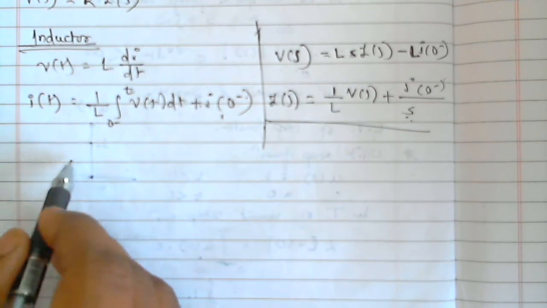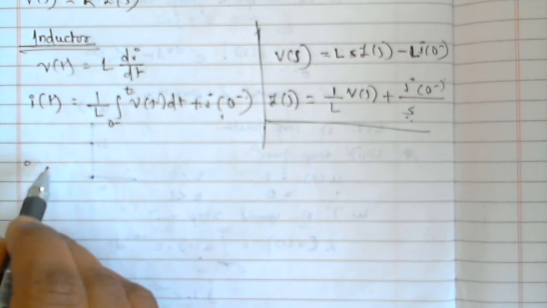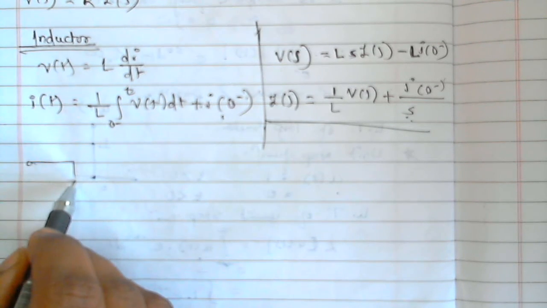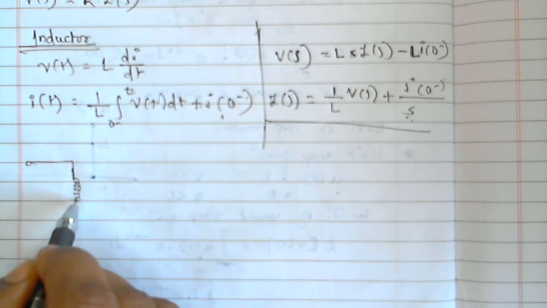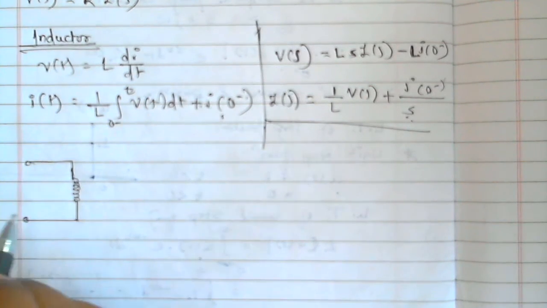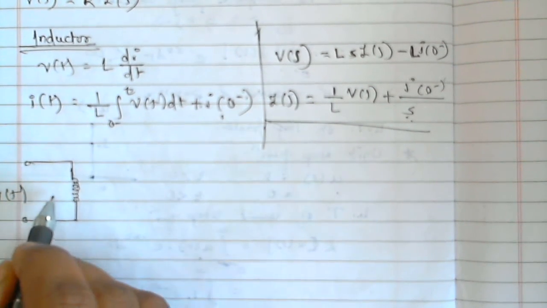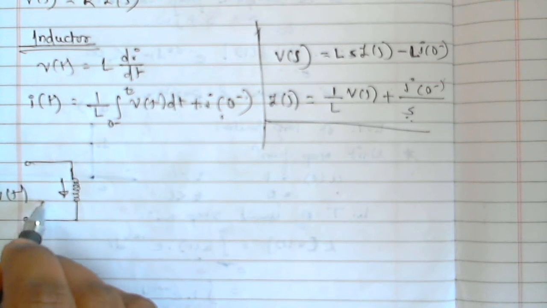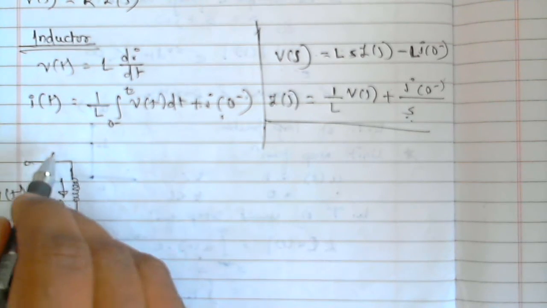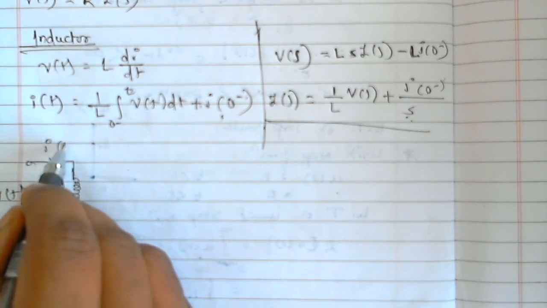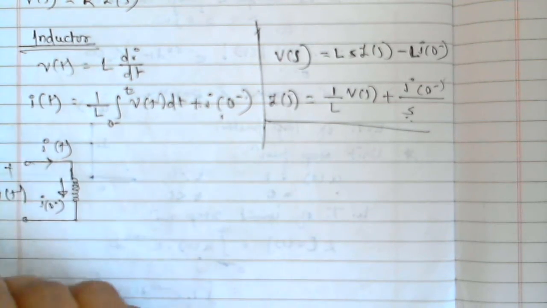Now the circuit I can write like this. This is v of t, i of t, and I of 0 minus.